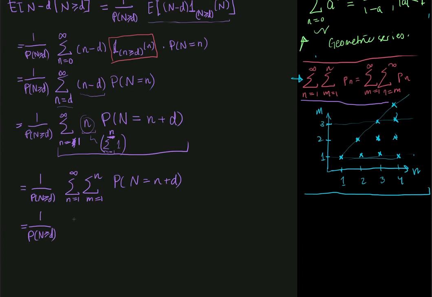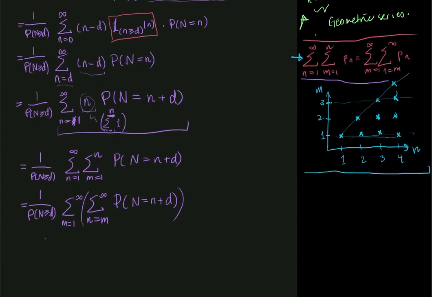So we can interchange the order of the summation. We have index m in the outer sum and index n in the inner sum, as long as we also change the boundaries accordingly. And here I have the probability that n is equal to n plus d. This term doesn't rely on m, so it's quite okay if I just evaluate the inner sum by itself already.